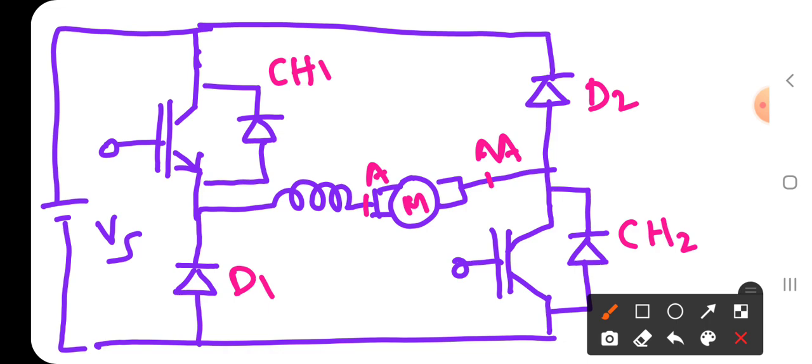If the current flows from A to AA, the motor converts electrical energy to mechanical energy. If the current flows from AA to A, then the motor converts mechanical energy to electrical energy.